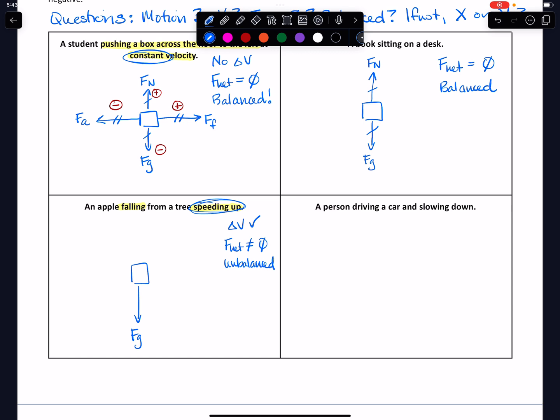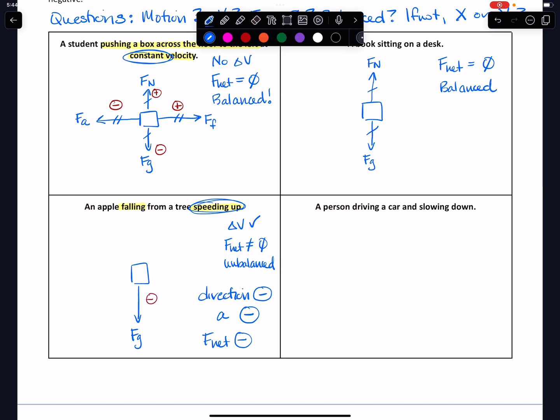So it's falling down, and its direction is negative. And if it's speeding up, its acceleration is also going to be negative. And when we work with Newton's second law, we're going to find that whatever the sign of the acceleration is, your F net is also going to have that same sign. So our gravitational force is our negative force.